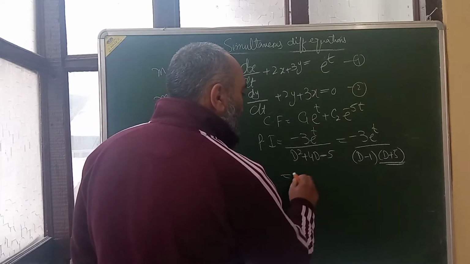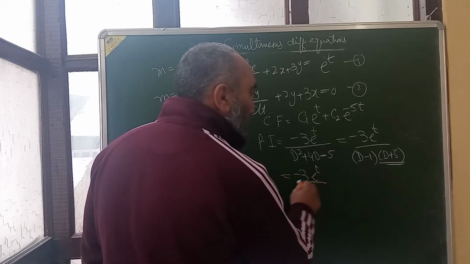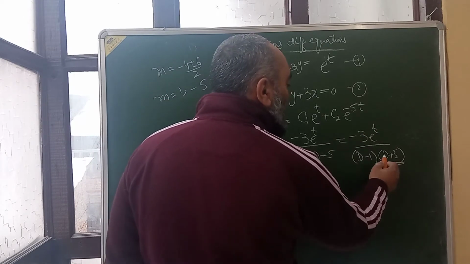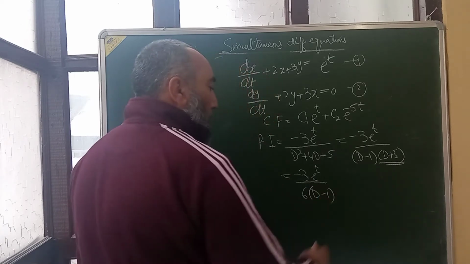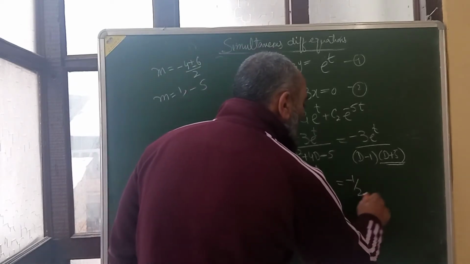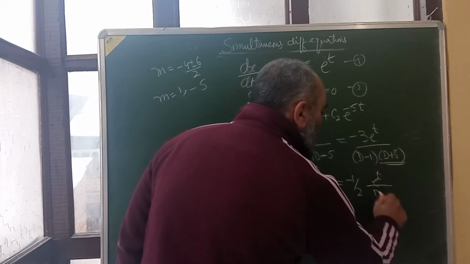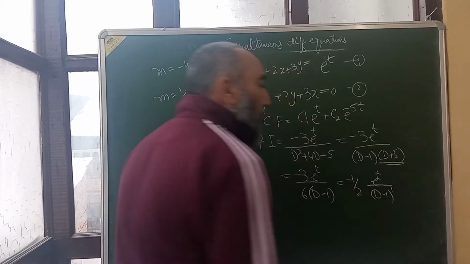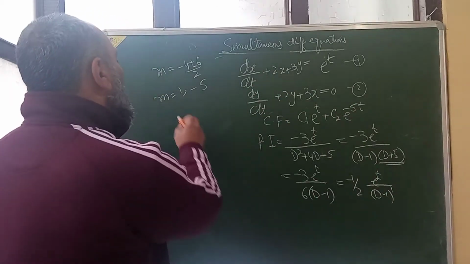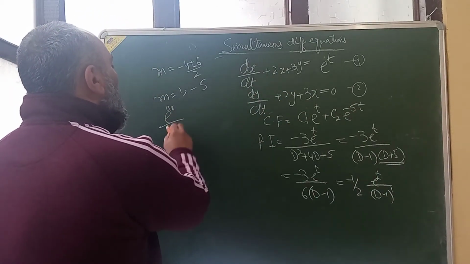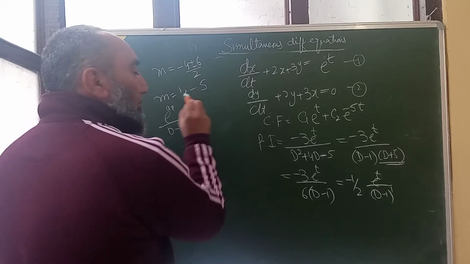So this is minus 3 e raised to the power t upon d plus 5, replacing d by 1, 5 plus 1 is 6, d minus 1. So this is minus 3 by 6, that is minus 1 by 2, e raised to the power t upon d minus 1. This is d minus 1 raised to the power 1 and it's a case of failure. So I have to multiply by t, not x. You know, e to the power ax upon d minus a is x e to the power ax.